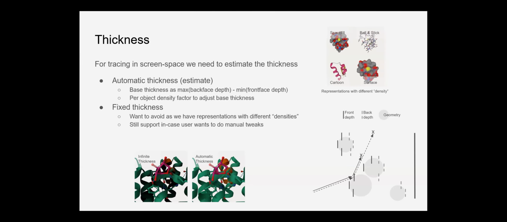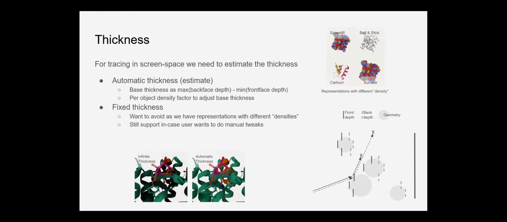So the idea is that we just calculate a conservative base thickness from front and back face depth, and then we apply a per-object scaling factor of the thickness to take into account that it's one of those visual representations with a specific density. So we can just set that as a default for each of these types of representation. We still allow the user to tweak parameters, but hope they don't really need to.